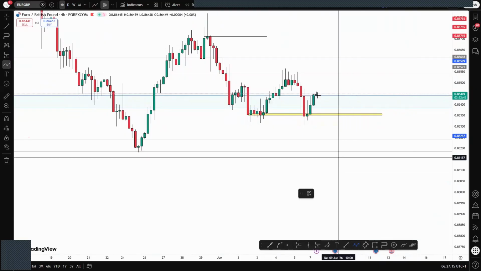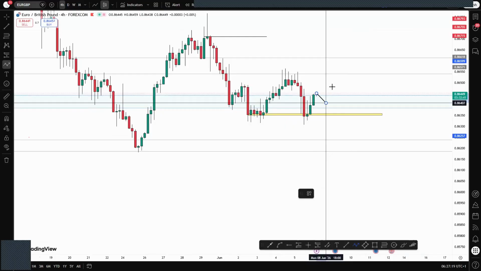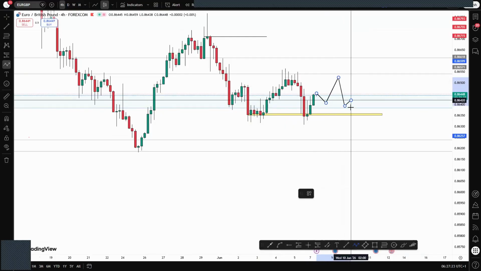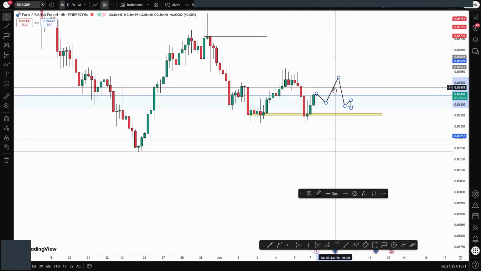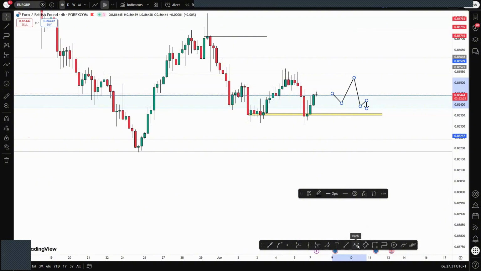But what would be nice is if the price makes a new higher high and then later on shifts at this point. This would be very interesting. So we have two scenarios.